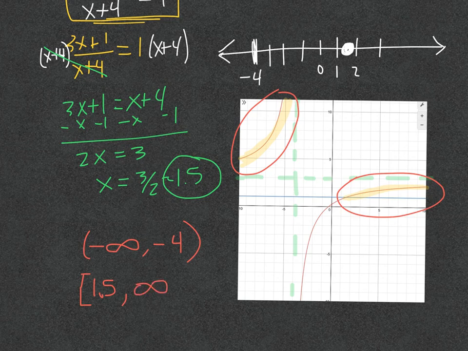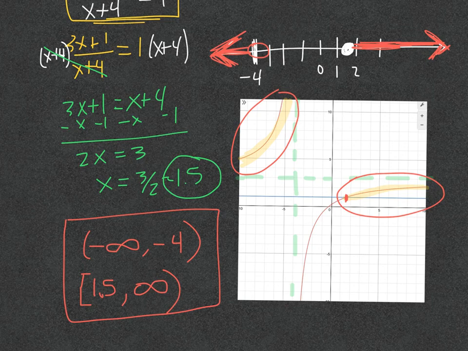This time the 1.5 has a bracket because it is included, because it said or equals to. So up here when I do my shading on the number line, I've got 1.5 to infinity, and negative 4 to negative infinity. So there are two pieces of my solution: the notation at the bottom, and also the number line.